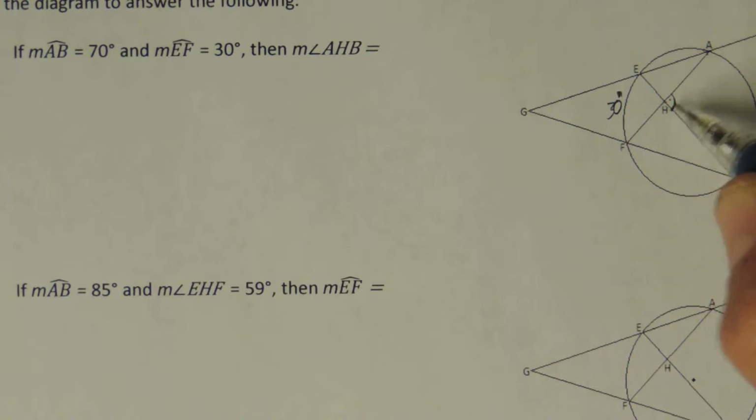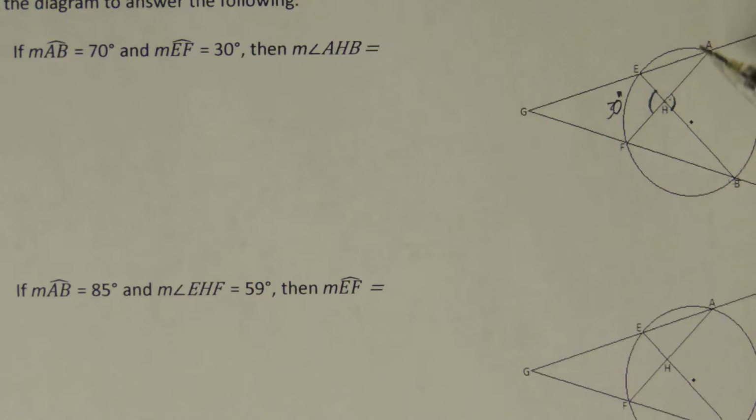I know these two angles are congruent or equal because they are vertical angles. They meet only at the vertex. But that's not going to do me a lot of good. What I really need to do is look at this angle over here, because that's part of this triangle, and I can see that I can get this angle of that triangle because it's an inscribed angle.